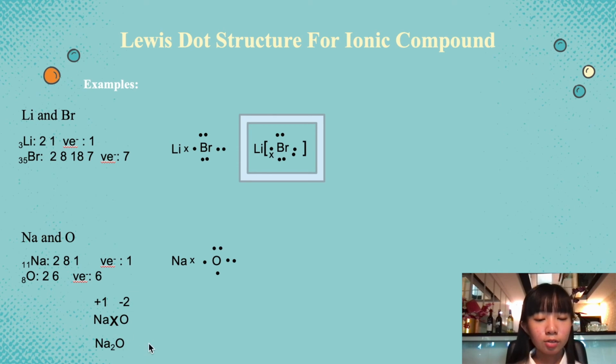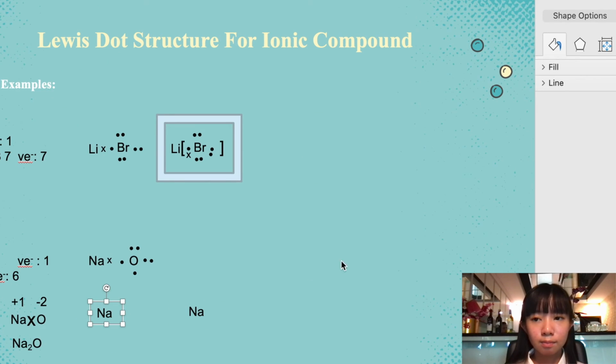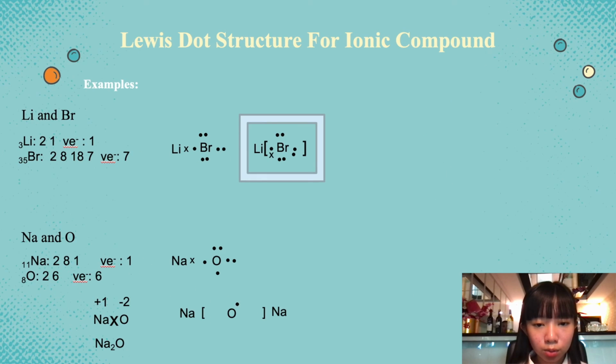Now, after we use the crisscross method, we know that there must be 2 sodium. So, how do we draw the Lewis dot structure for sodium and oxygen? We will now write 2 sodium. Since oxygen is the one receiving the electron, we will put oxygen in the brackets. We will draw the dots first.